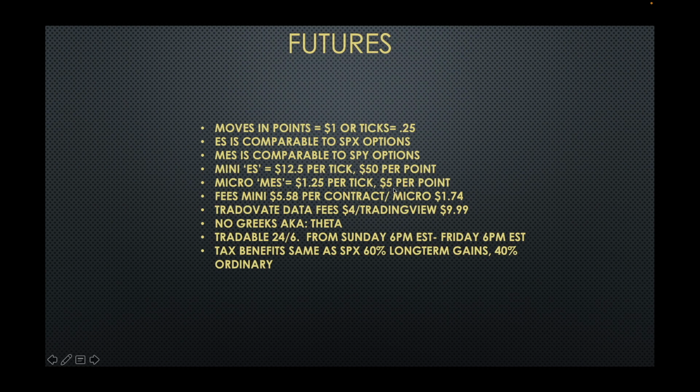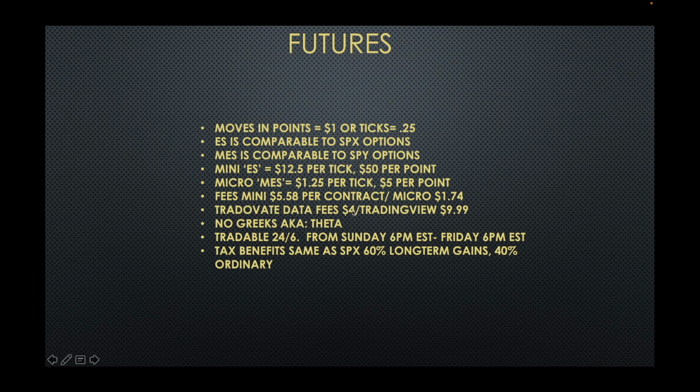So the fees that Tradovate charges would be, if you trade one mini contract, $5.58 per contract. And the micro side of it is $1.74 per contract. And then if you're trading off of the Tradovate platform, you'll need a data feed for it. I think it's called top tier data or something, but it's roughly $4.